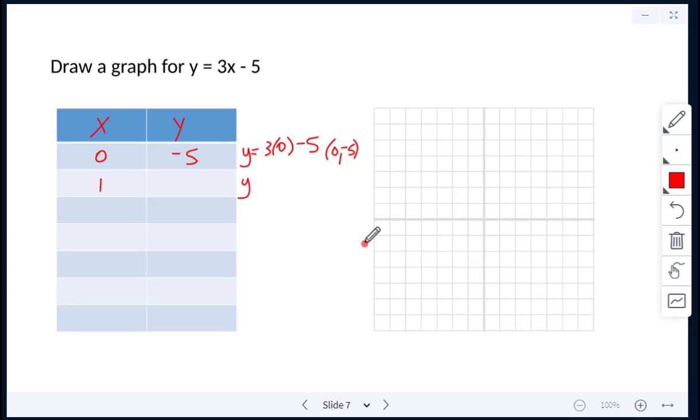That would be the first coordinate. If we chose 1 as a point, that would be 3 times 1 minus 5. So 3 times 1 is 3. 3 minus 5 would give me negative 2. So that would be my next point here at 1, negative 2. And that would continue on.